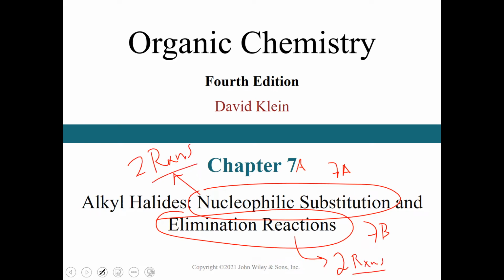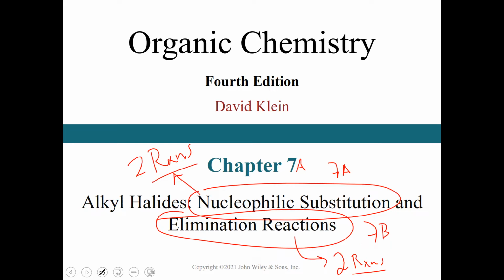Those reactions compete with each other. Since they use the same starting material, of course, it makes sense that they will compete. So sometimes they will do nucleophilic substitution, sometimes they will do elimination. How do I know? How do I avoid getting confused? That's why I split this chapter into 7A and 7B.